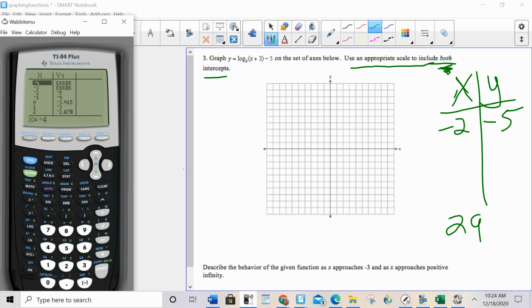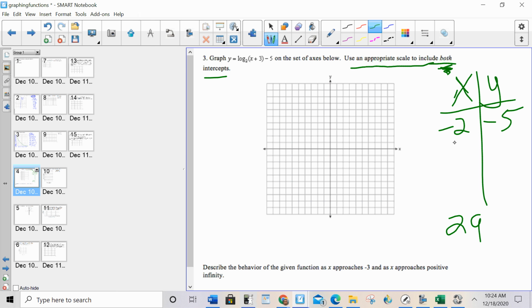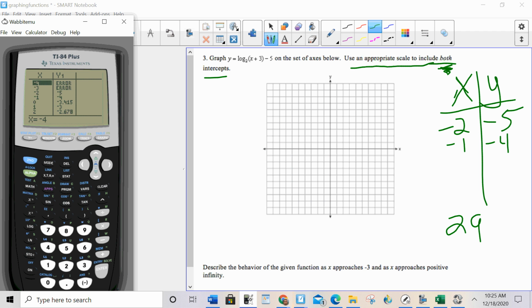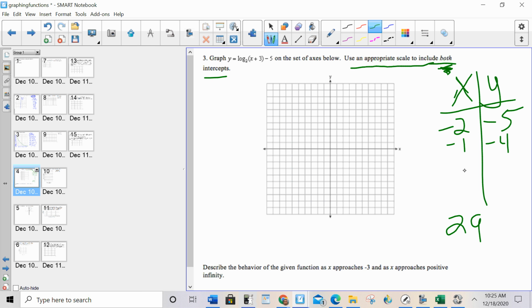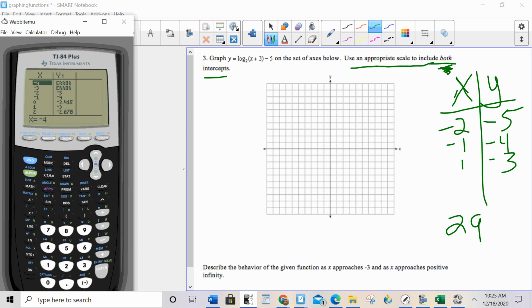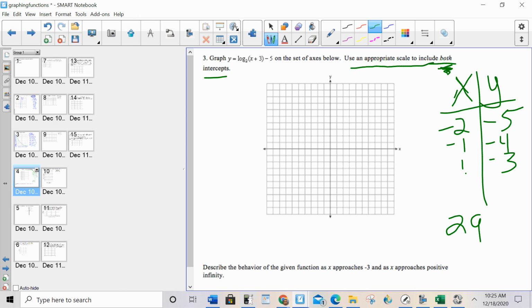So negative 2, negative 5, negative 1, negative 4, I see 1, negative 3. I don't see nice points. I see 5, negative 2.